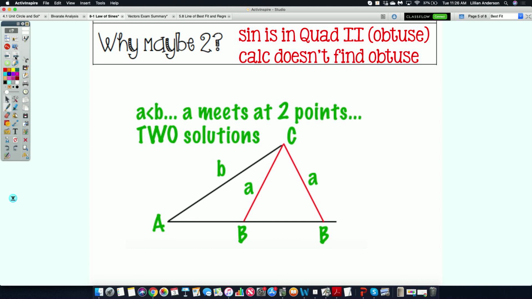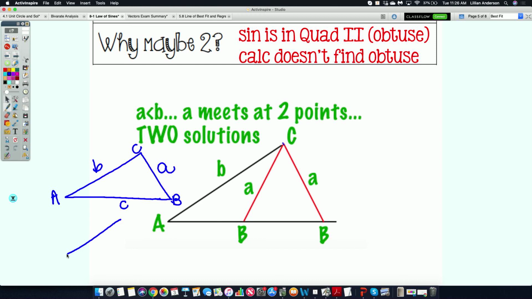But what you see down there, that picture, is when you'll have 2 triangles. Basically, you're given 2 sides and a non-included angle, and in one triangle you can have this type of situation.